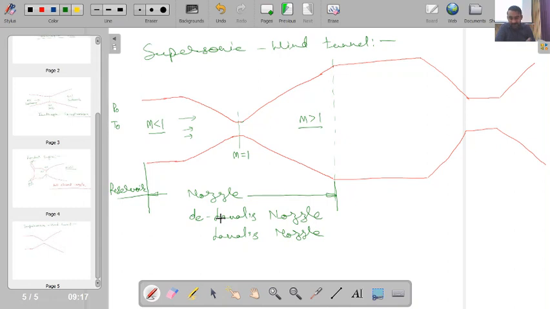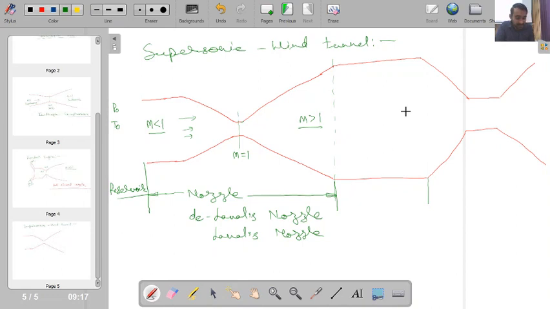That is the reason that sometimes, in his name, we call this a Laval nozzle. Now in this nozzle, this section is the nozzle, and at this point I have the supersonic flow situation. Once I have this supersonic flow, this will be my constant area section over here.